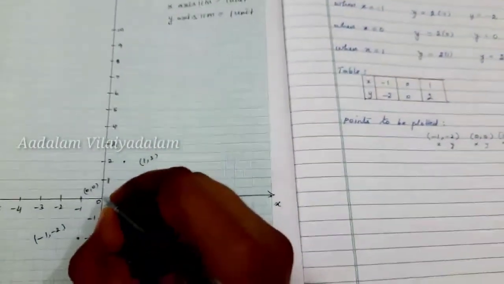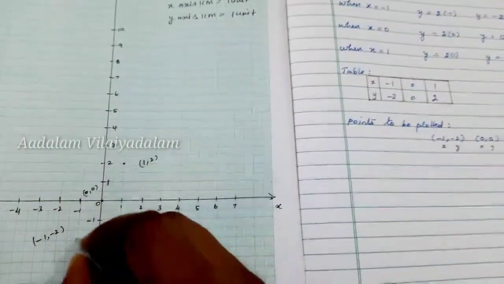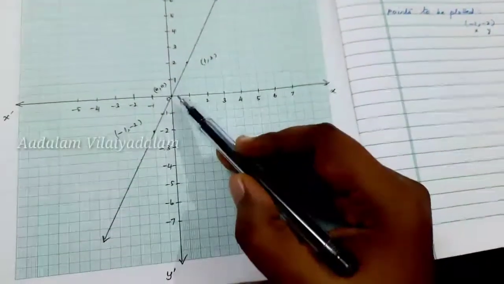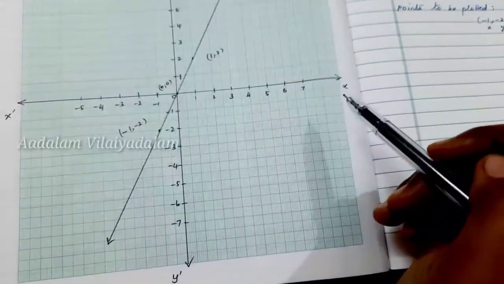Now let us join these 3 points all together. Here we are getting a straight line that passes through the origin.